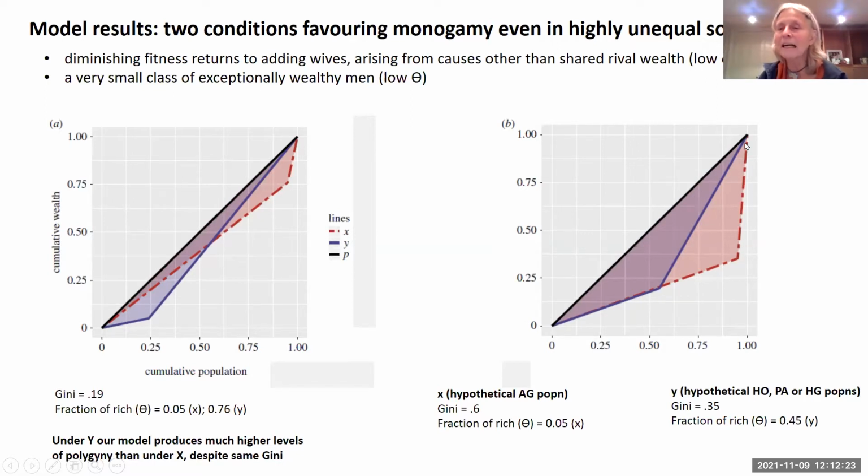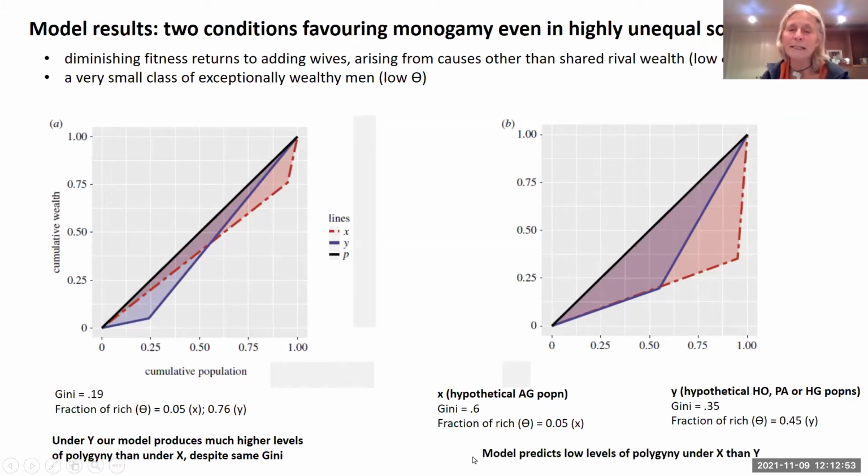So you have this tiny, extremely wealthy class, effectively land barons or landlords, in this population. Whereas in the blue curve, which is meant to represent more horticultural, hunter-gatherer or pastoralist populations, you also have quite a lot of poor people, but amongst the rich people, the wealth is more equally distributed. So you have a higher theta, a higher proportion of wealthy individuals.